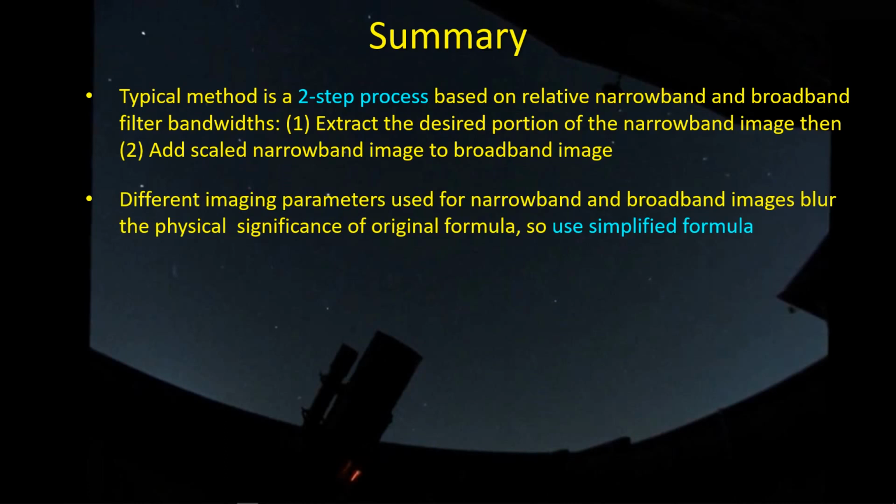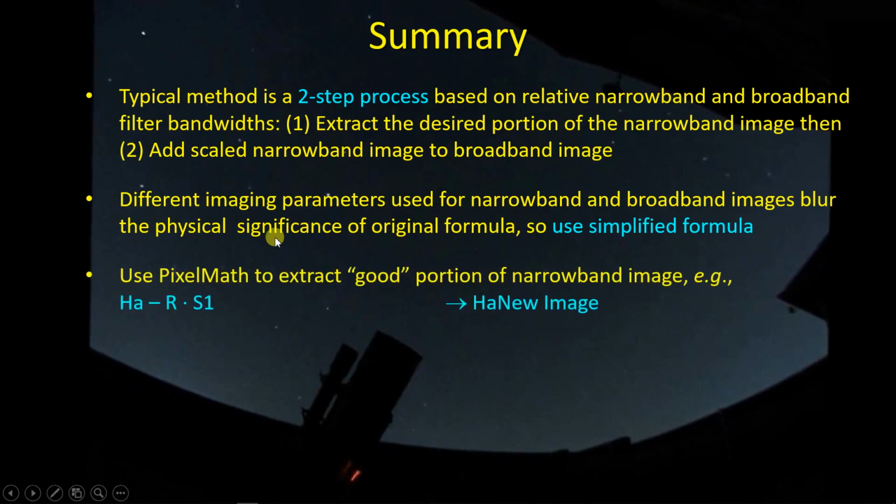We use different imaging parameters, so the original intent of the formula, which was to simply, for example, take out that proportion of the red filter that contributes to the hydrogen alpha bandwidth, is lost because we're not using the same gain, exposure setting, etc. And so as a result, we have lost the physics-based meaning of what that original formula was all about.